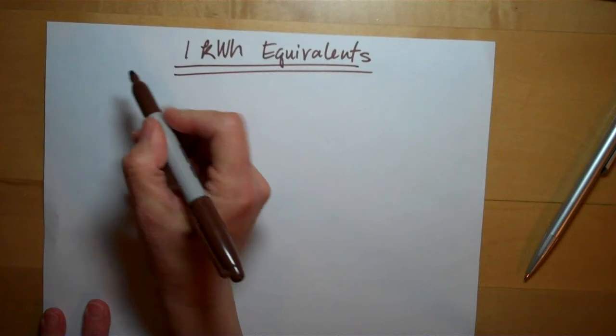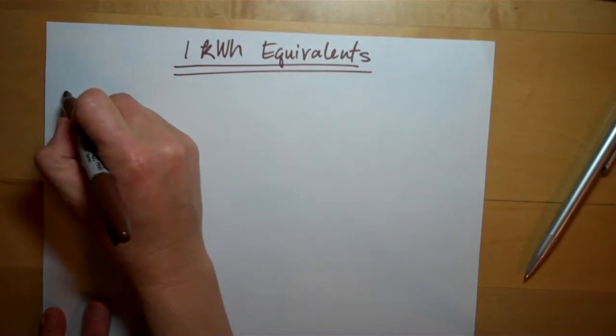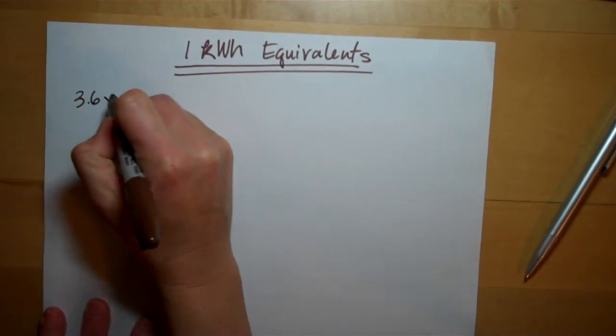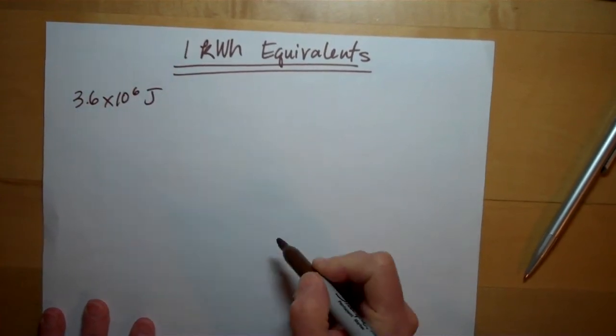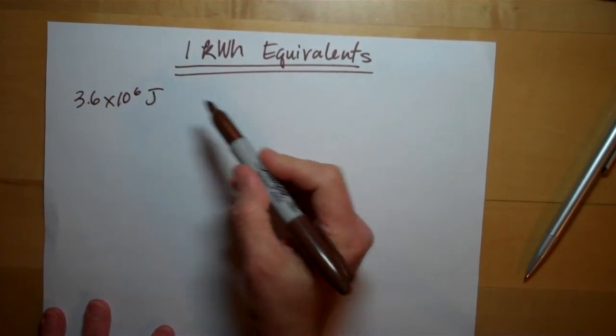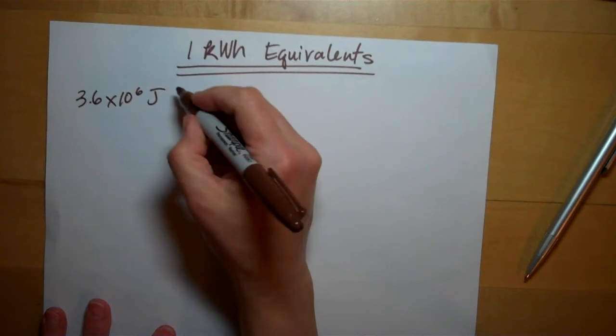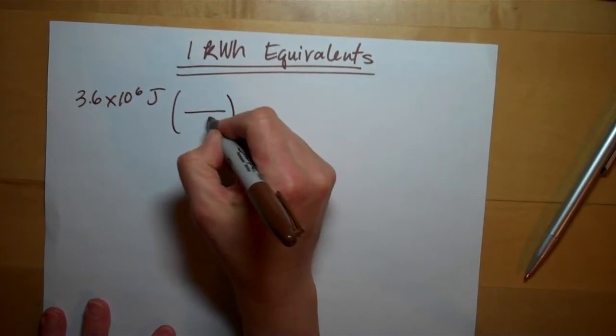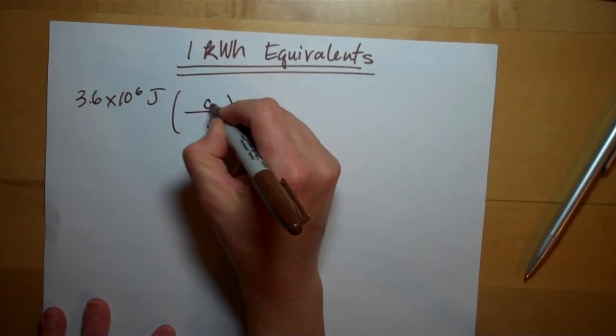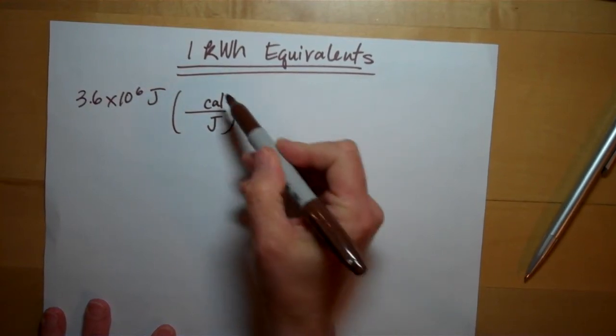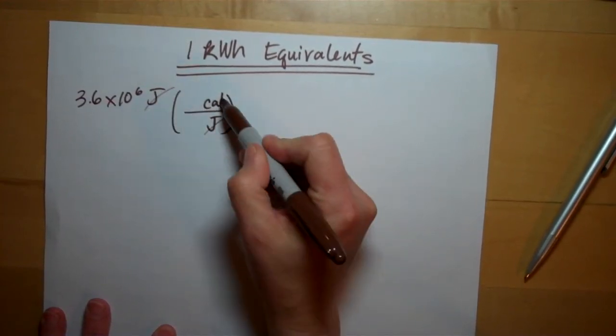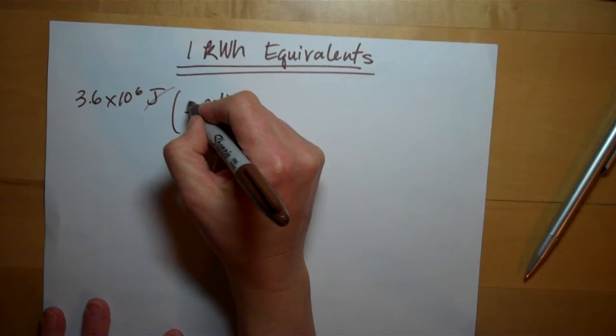Okay, so we just established that 3.6 times 10 to the 6 joules is the same as 1 kilowatt hour. Well, let's convert this to calories. You can cancel out joules and convert to calories if you use this relationship.